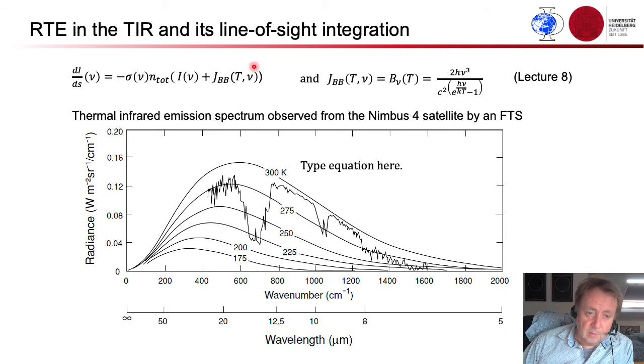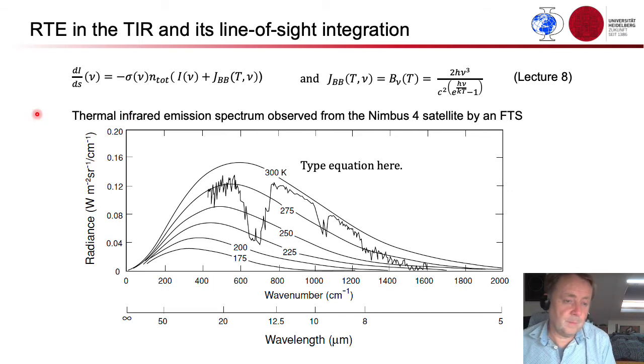And that is the black body radiation source function given by the Planck function. This function already tells us Kirchhoff's law. It says something about absorption and emission. The first term on the right hand side, that is the amount of absorption, and the absorptivity is nothing else than sigma times the density.